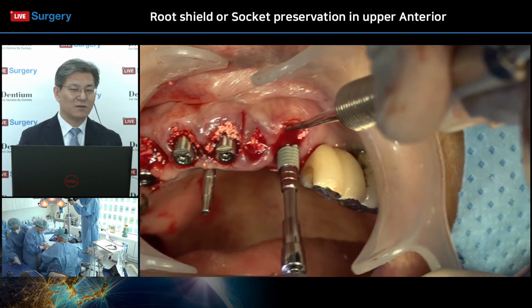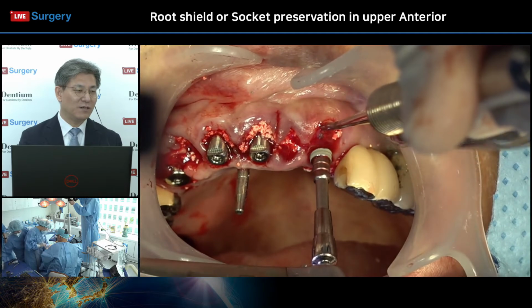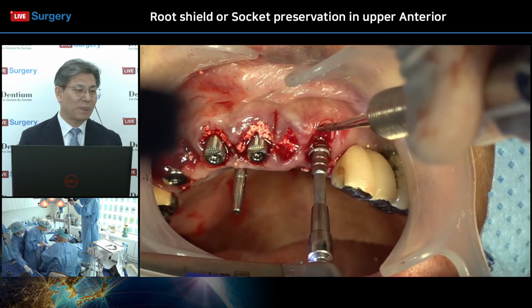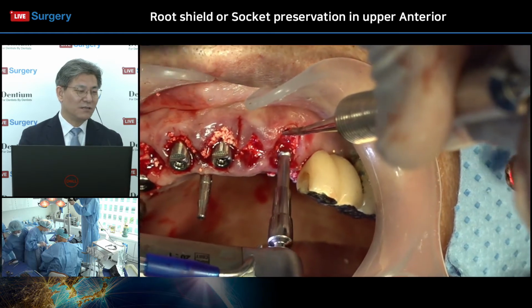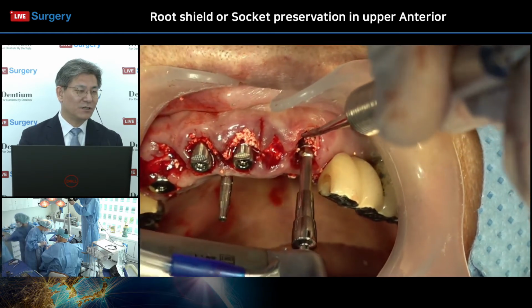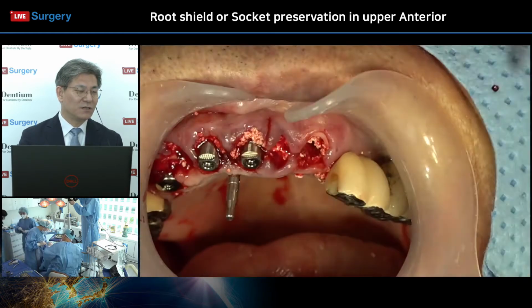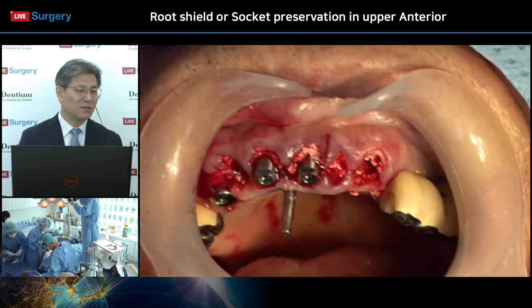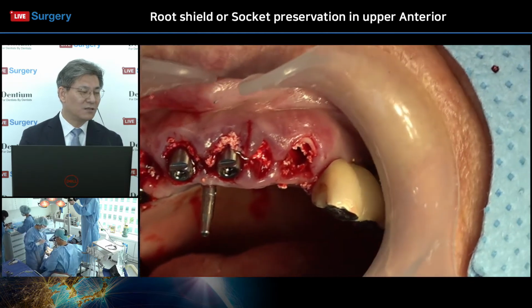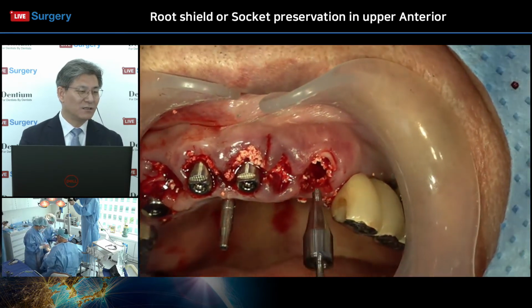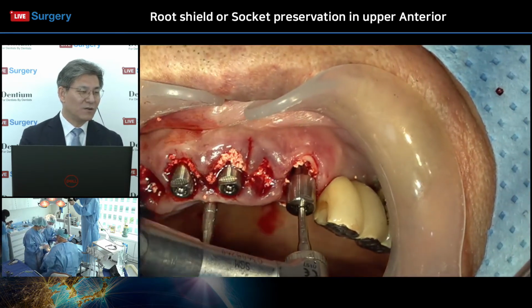Yeah, so 4.0 diameter, 11 millimeter, right? So direction and depths. Yeah, good. Very nice. Well done. So, what do you think about this?